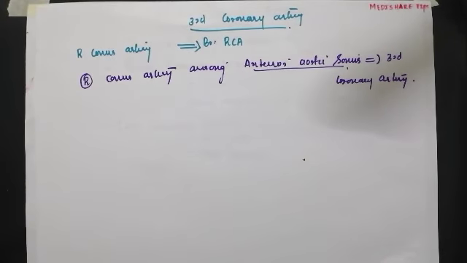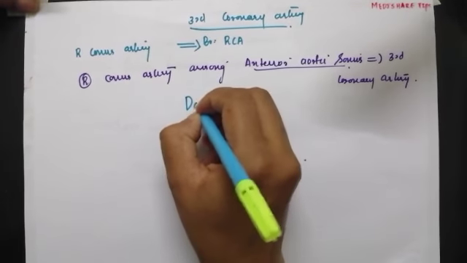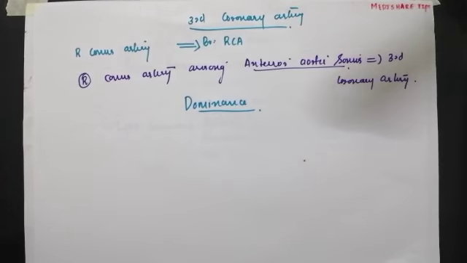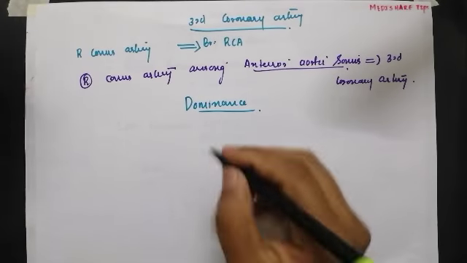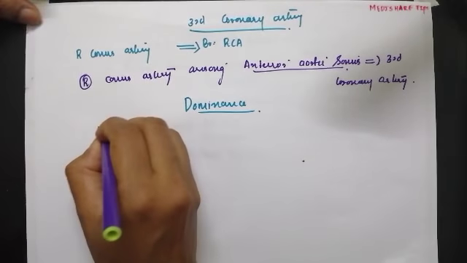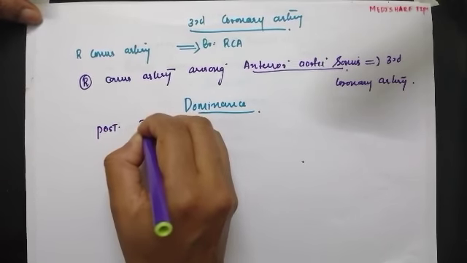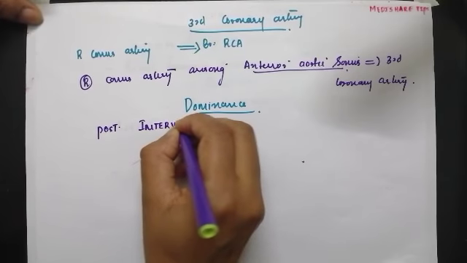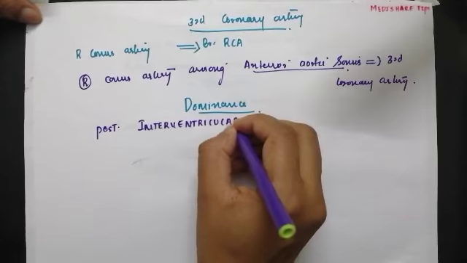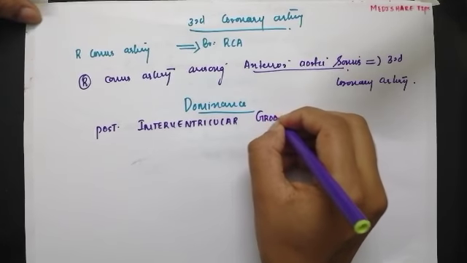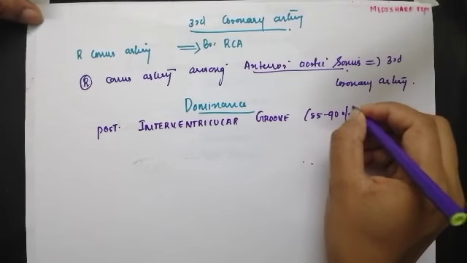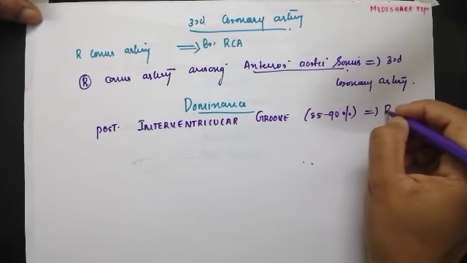So what is dominance? What do you mean by dominance? We know that normally the posterior interventricular groove is supplied by which artery? It is the right coronary artery. In 85 to 95% of cases, it is supplied by the right coronary artery.